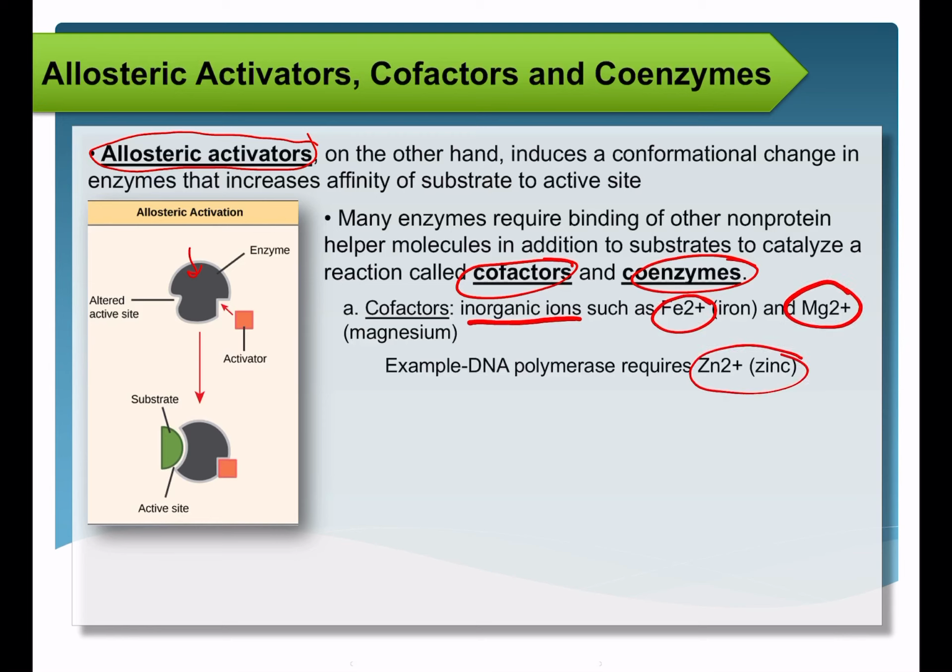One example of how a cofactor works is that DNA polymerase, which is an enzyme required for DNA replication before cell division, requires zinc ion in order to work. So that's why it's an allosteric activator. Without zinc, DNA polymerase doesn't do its job.